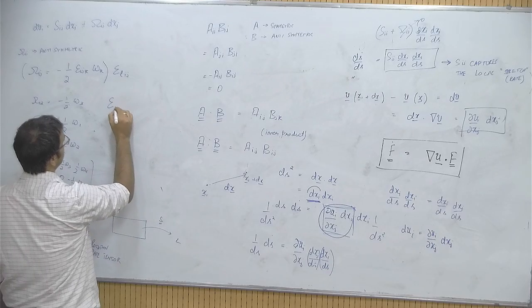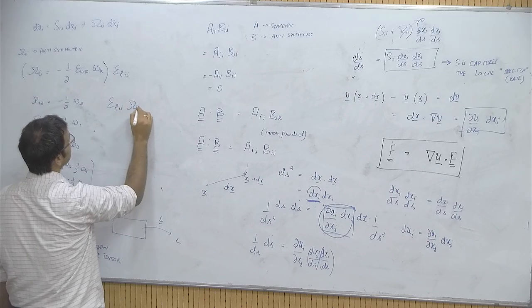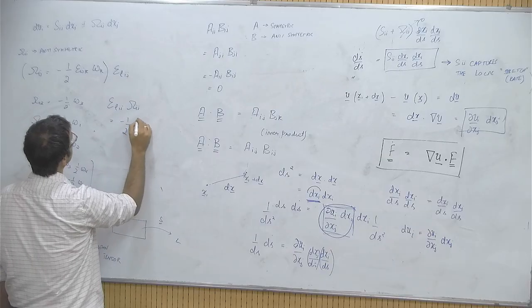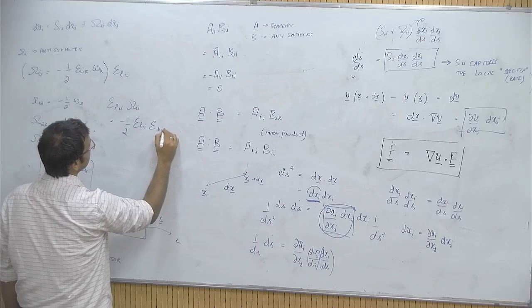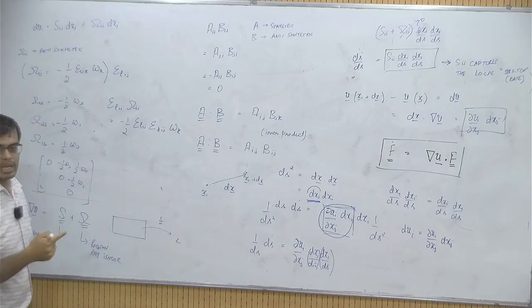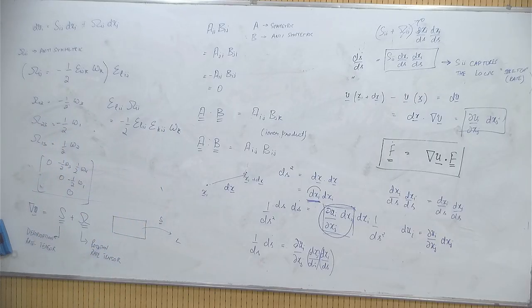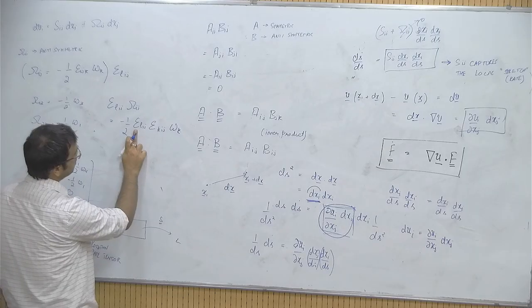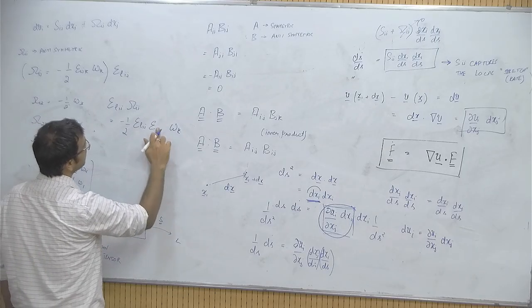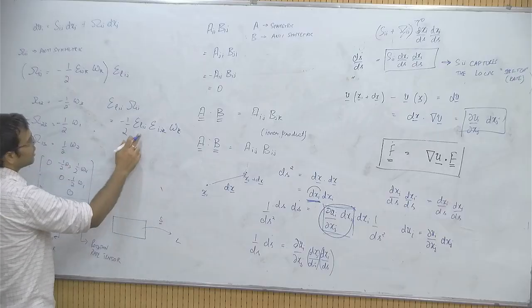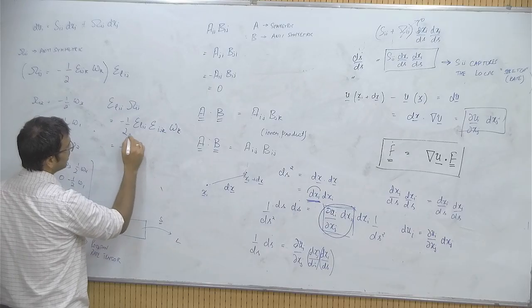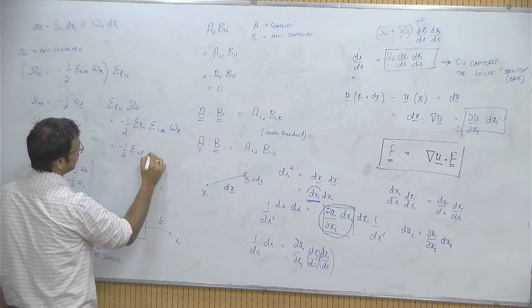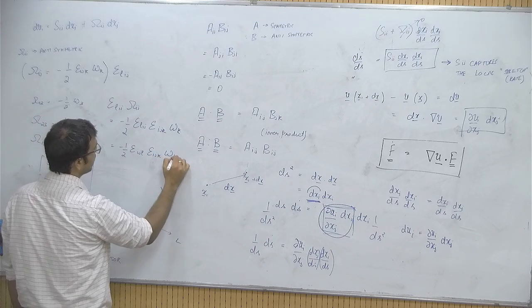So I am going to get epsilon lij omega ij equals minus half epsilon lij epsilon kij omega k. I have written epsilon ijk as kij. I can do that as long as I maintain the cyclic order. Actually, I should have written it as minus half epsilon ijl epsilon ijk omega k.